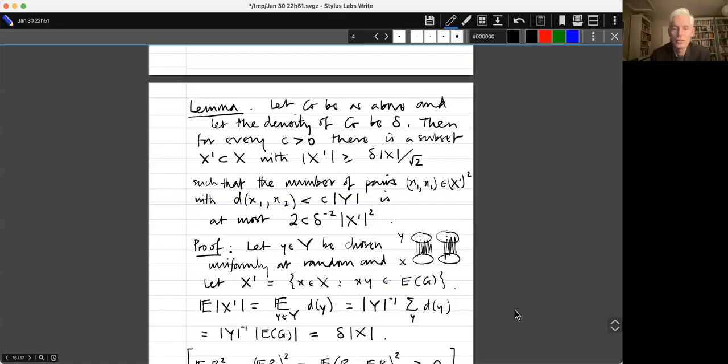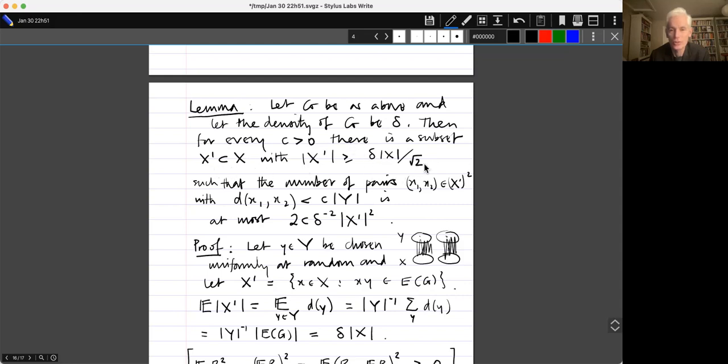So let me just remind you what the statement was last time, slightly more precisely. We had a lemma. If we've got a bipartite graph of density delta, with vertex sets x and y, then for any constant c, you can find a subset.